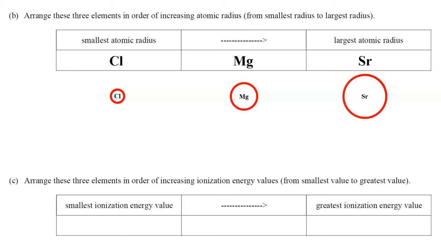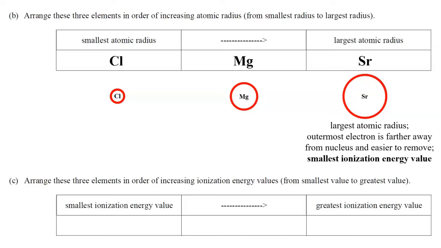So how does the atomic radius help us to understand what's going on in terms of the ionization energy value? Well, again, it's kind of an opposite trend. Strontium has the largest atomic radius. Its outermost electron is farther away from the nucleus and easier to remove, so strontium would have the smallest ionization energy value in this set of three.